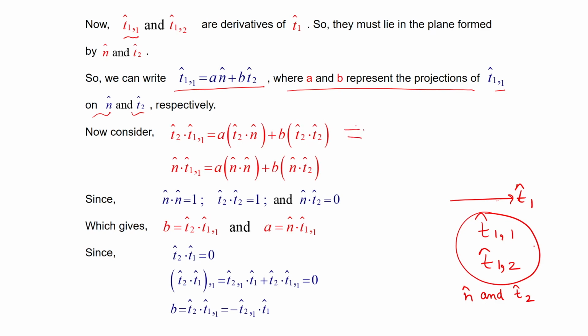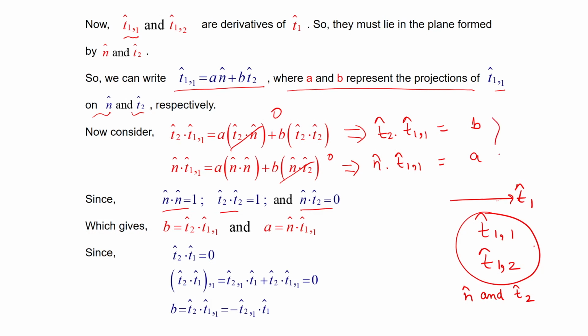If you multiply this equation with T2, T2 hat dot T1 hat comma 1 gives you B. Similarly, n hat dot T1 comma 1 gives A. This term is going to be 0 and this is going to be 0.